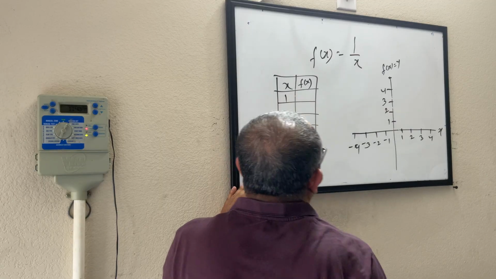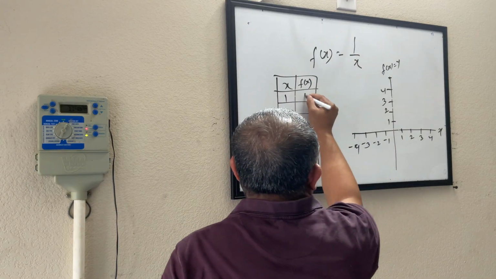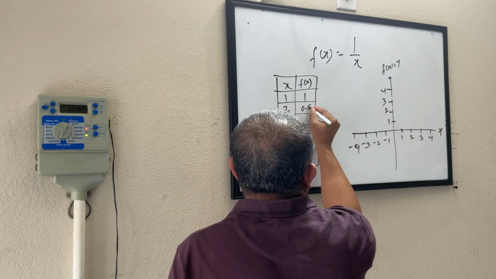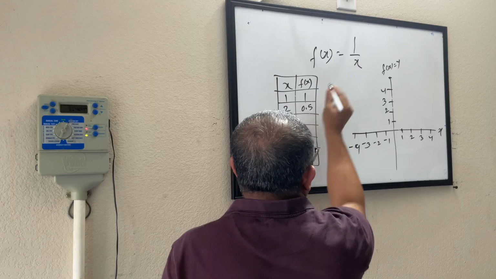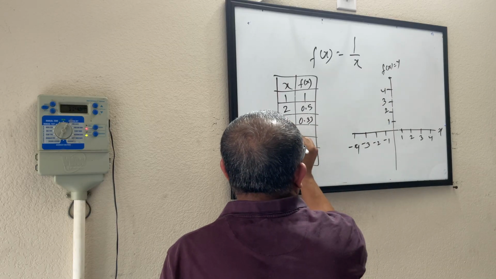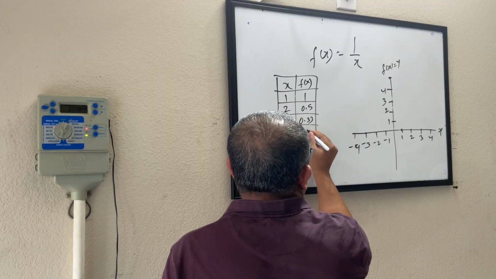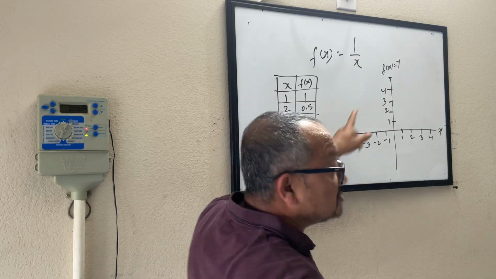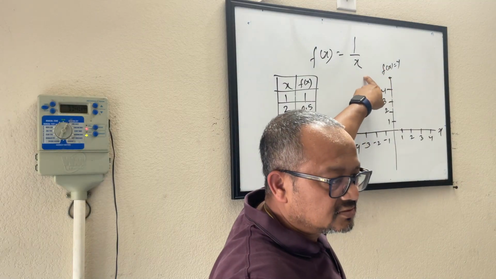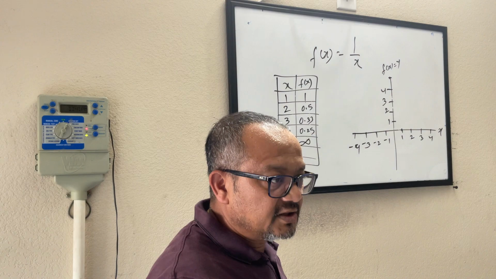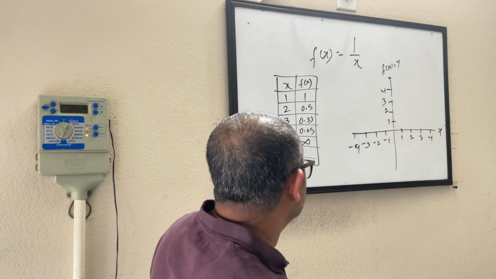When x equal to 1, 1 by 1, f of x is 1. When x equal to 2, 1 by 2, 0.5. When x equal to 3, 1 by 3, 0.33. When x equal to 4, 1 by 4, 0.25. When x equal to 0, infinity or undefined.